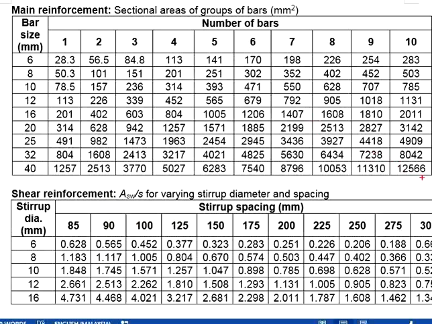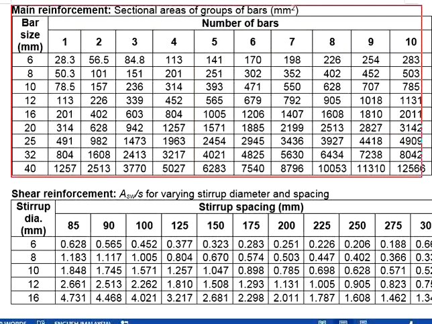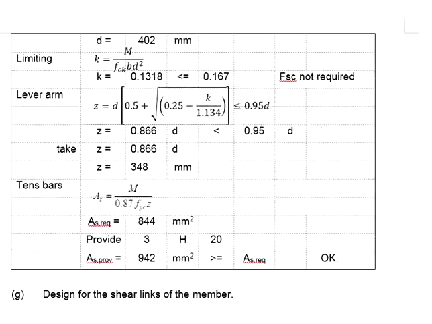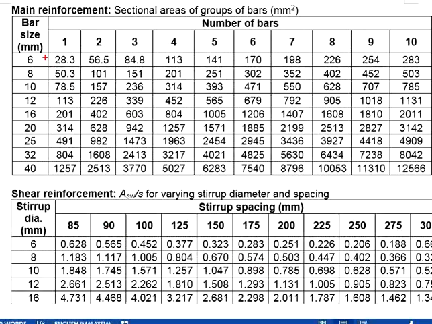Refer to the table for the steel bars. The required steel bar area is at 144. Find the value larger than 144.